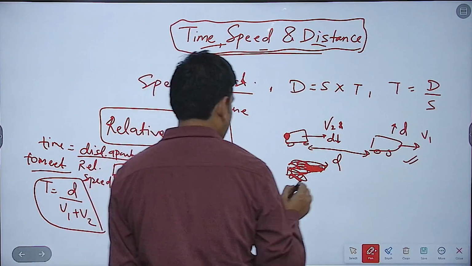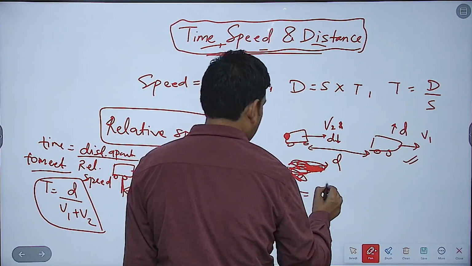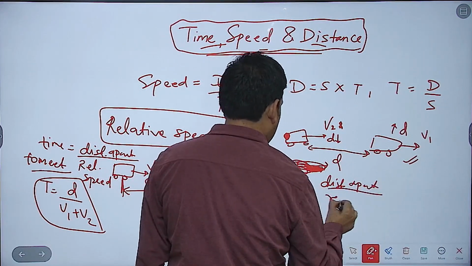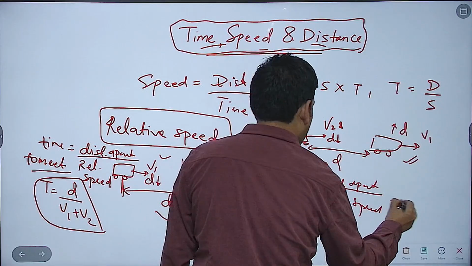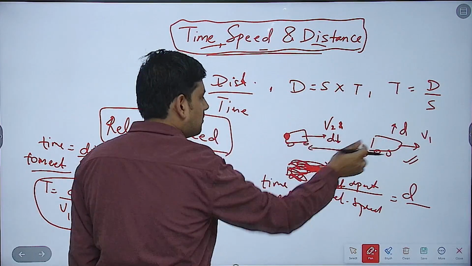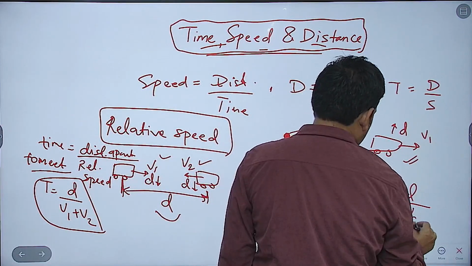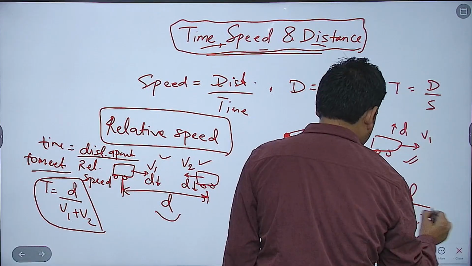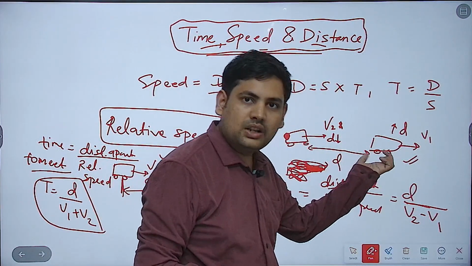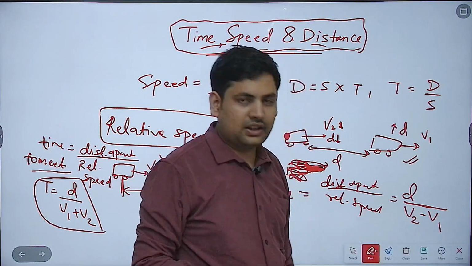So the time taken for them to meet will be equal to, again, distance apart upon the relative speed. Distance apart is d. Relative speed will be the difference of these two, that is v2 minus v1, because this one only is trying to reduce the distance, and that one is just increasing the distance. So I have subtracted this.